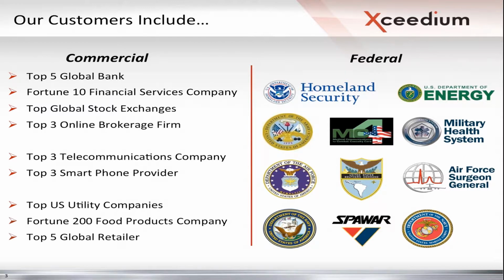So a lot of the usual suspects, and the one common thread between both the federal and commercial customer base, both in the North American market and globally, is that the organizations tend to be in heavily regulated industries where not only the security issues are important to them, but the compliance issues are important as well.